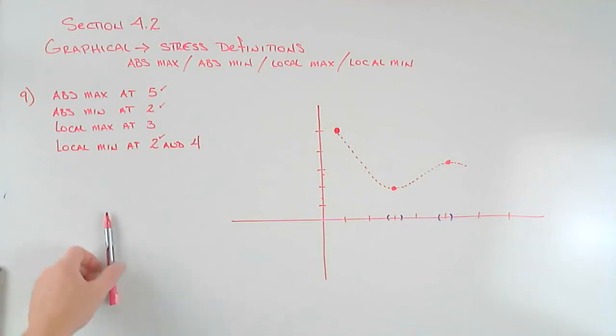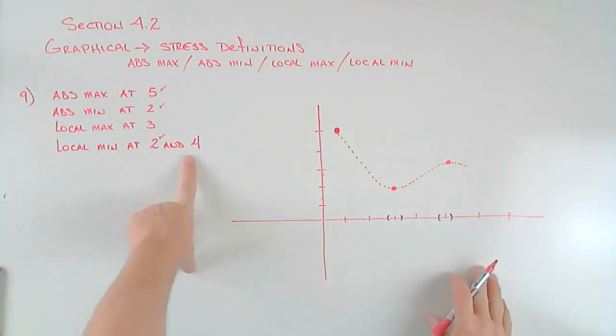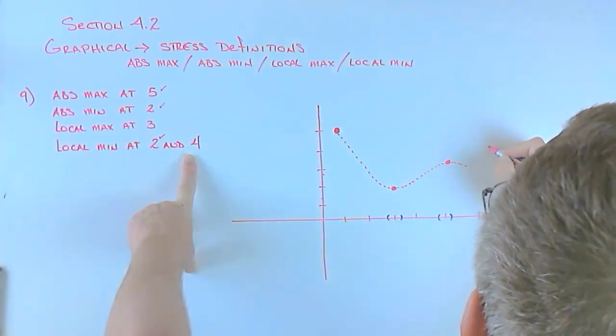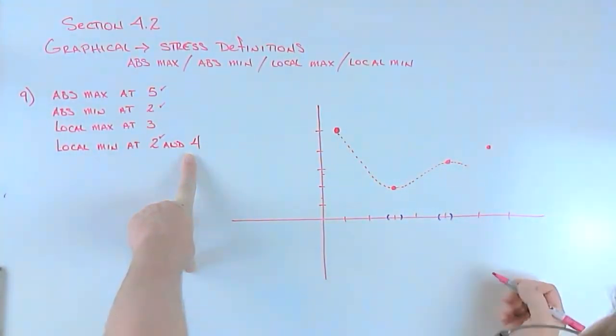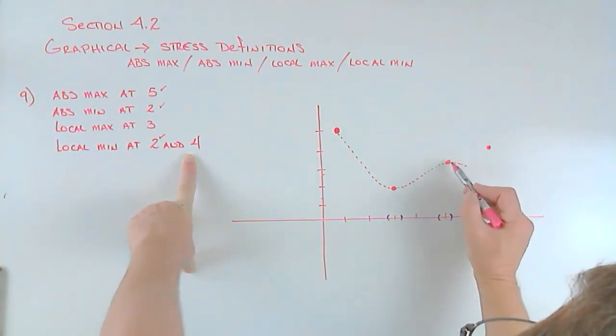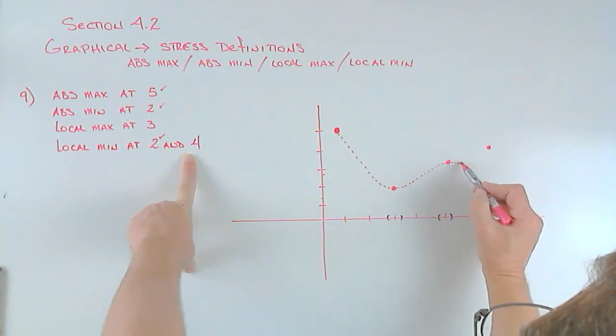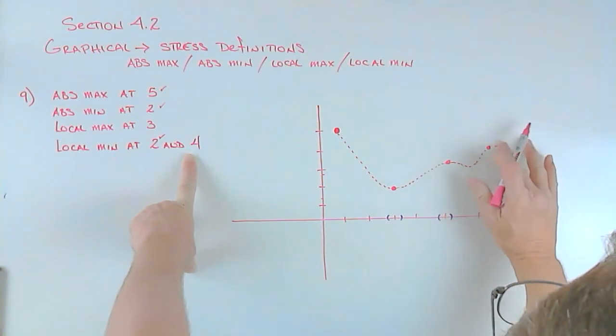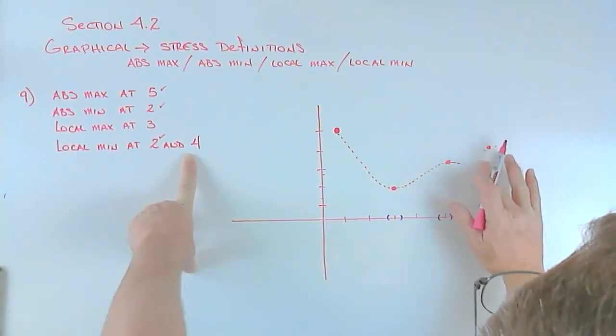But I also need a local min at 4, right? So how am I going to get myself a local min at 4? Well, 4 is here. So this is a local max. My graph has to continue down. So now my graph could reverse itself, come up. I need it to be a local min.